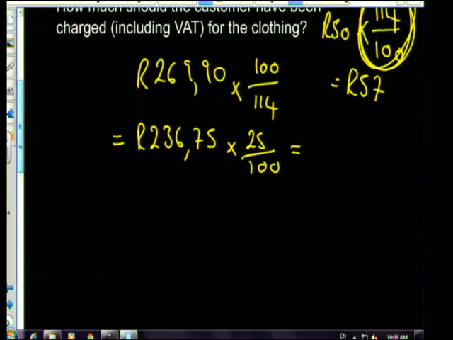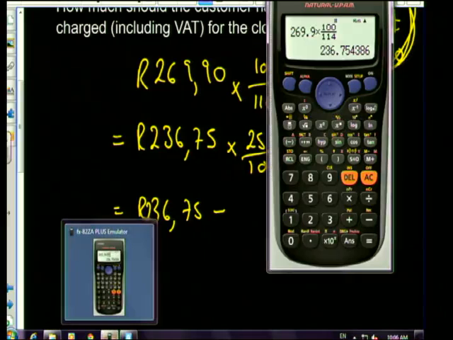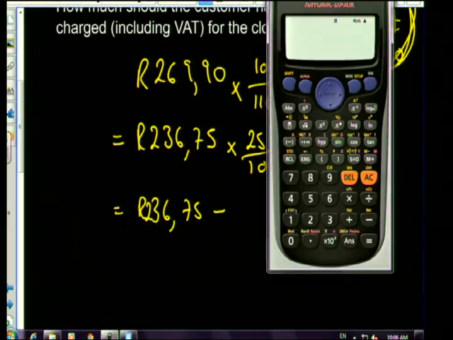Then we're going to say, right, 236 and 75, and we're going to subtract that answer. So out comes our calculator, and we're going to say we got 236.75. Let's just do that here. 236 and 75 cents.